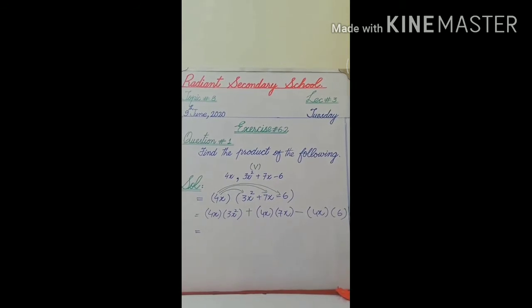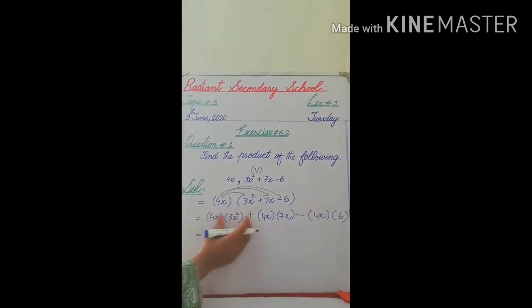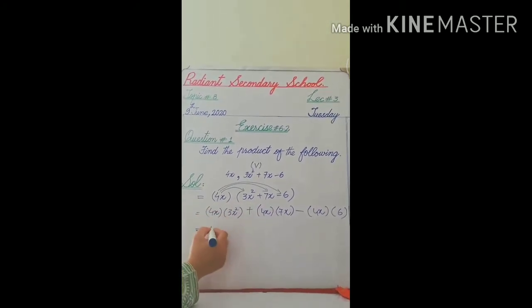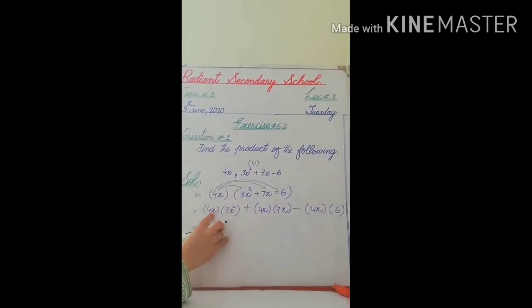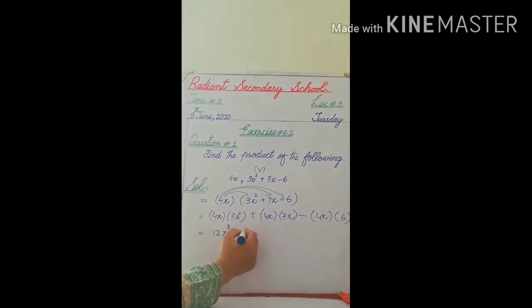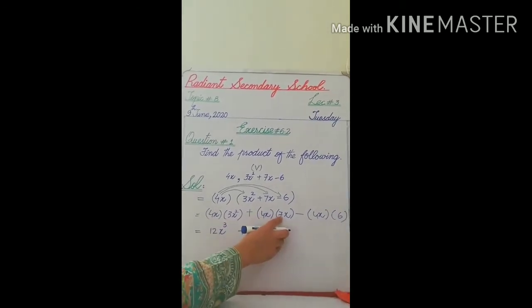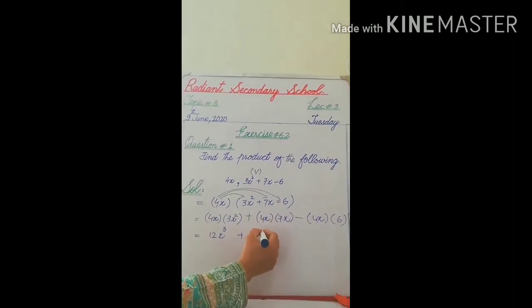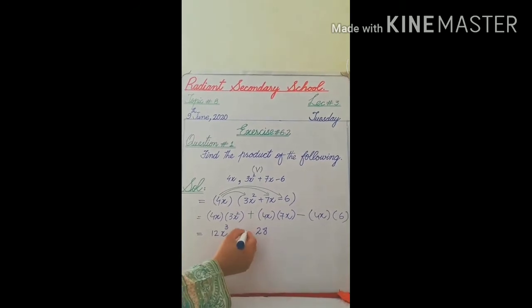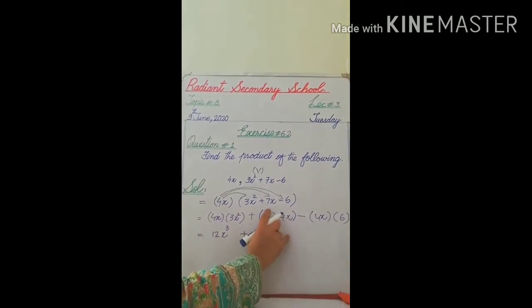Now what was the first rule? Coefficients multiply with each other. Now one by one these brackets. 4 3s are 12, both bases are the same, add their exponents. x raised to power 3, plus will come down, coefficients multiply with each other. 4 7s are 28, their signs are plus plus, so the answer will remain plus.